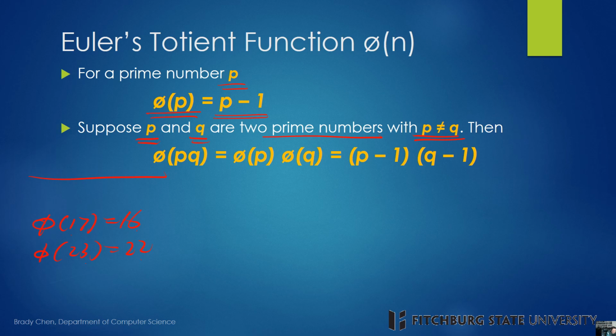Then we can prove that Euler's Totient function phi of p times q is the same as phi of p times phi of q. Because p is a prime number, it is p minus 1, and q is another prime number, so it's q minus 1, based on the first property.